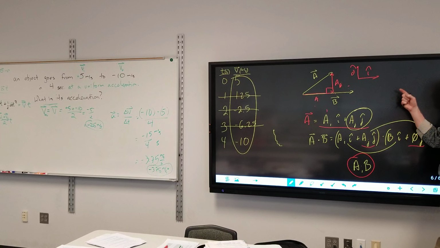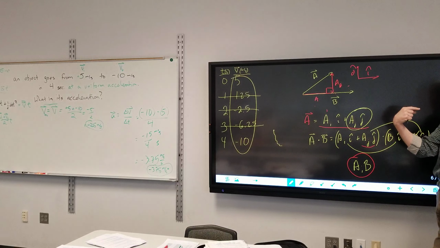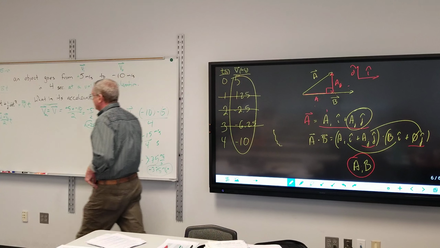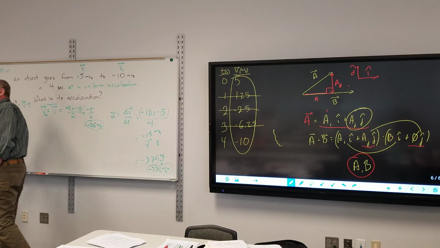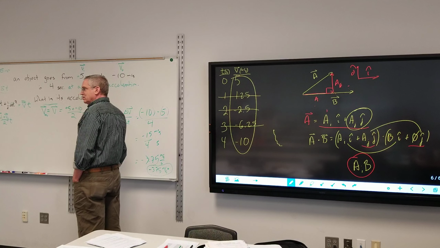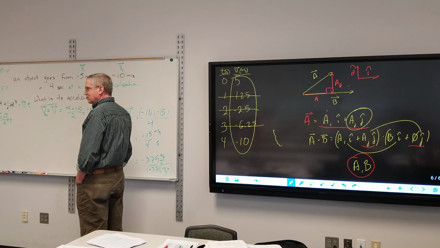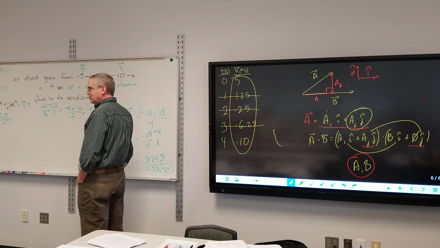I defined the I hat to be in the direction of B. If I define I hat to be somewhere in between A and B, they both have components. So theoretically, if you had numbers, A is over this amount and then up this amount, and B is over this amount, but it doesn't go up this amount, so it's just 0.